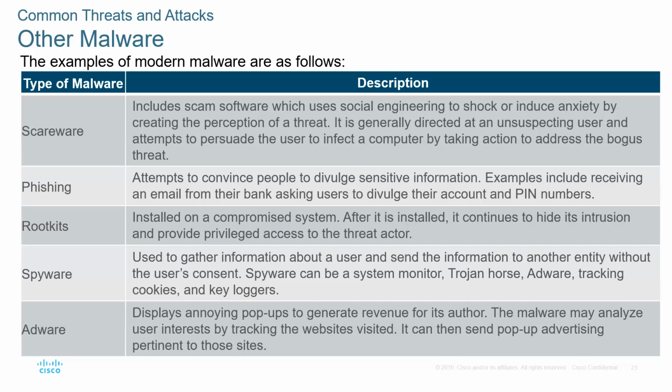Spyware, you can have Trojan horses, adwares, tracking cookies. A lot of the cookies that you install on your system are trying to watch what you do, what websites you go to, and then they start hitting you with a lot of adwares.